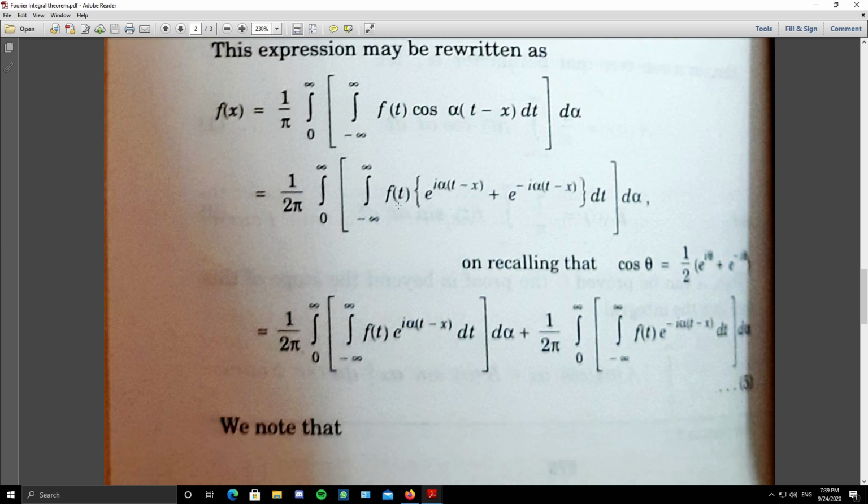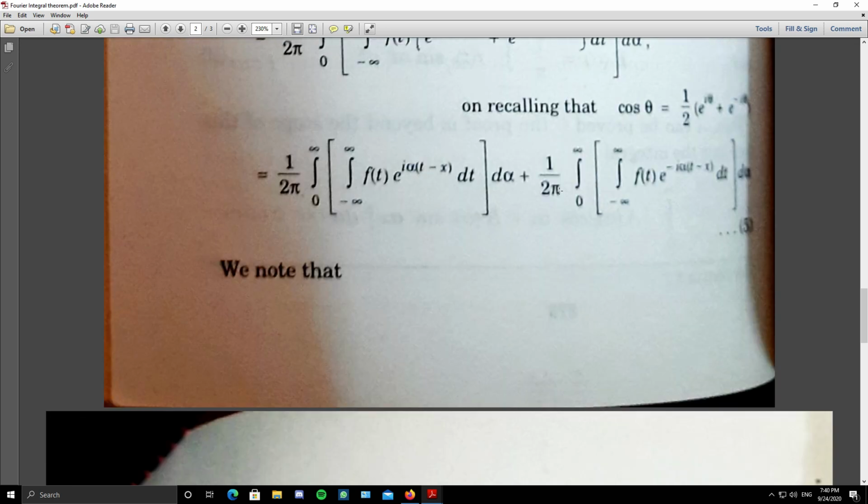Half is taken out, then it is split into two integrals. The first is 1 by 2 pi, integral 0 to infinity, integral minus infinity to infinity, f of t e power i alpha t minus x dt d alpha. And the second is 1 by 2 pi, integral 0 to infinity, integral minus infinity to infinity, f of t e power minus i alpha t minus x dt d alpha.